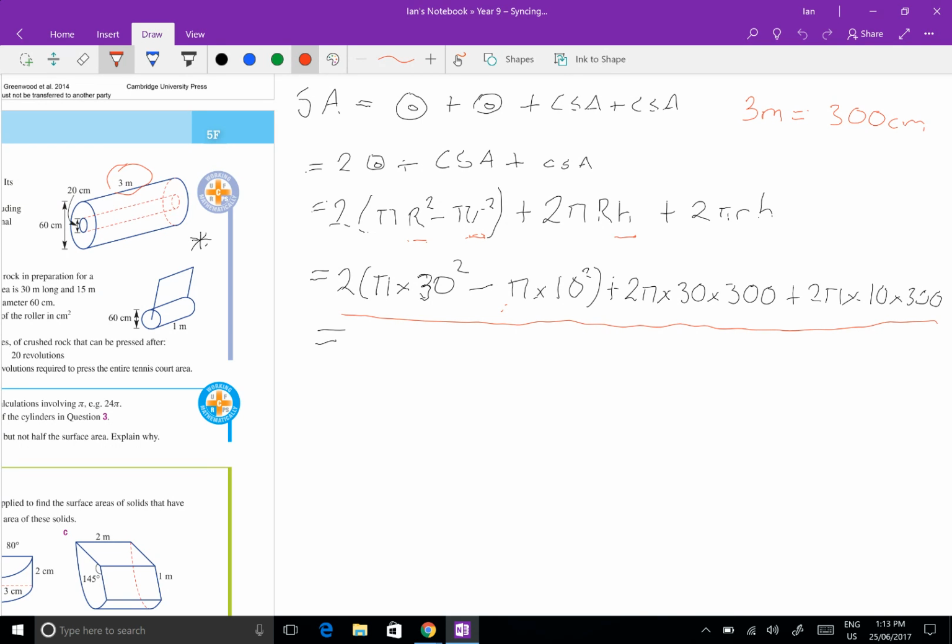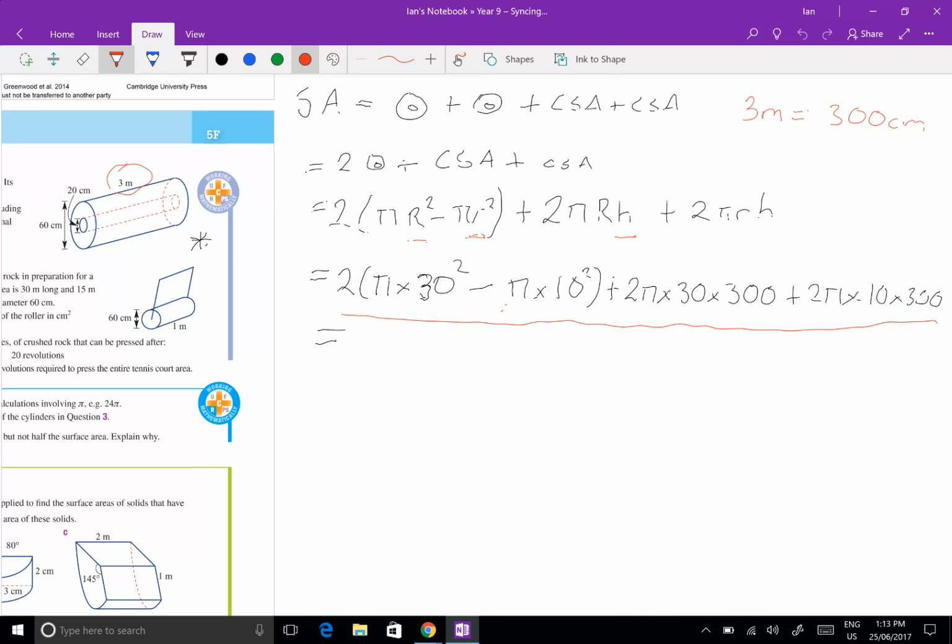So here we go. 2 bracket pi times 30 squared minus pi times 10 squared, close the bracket, plus 2 times pi times 30 times 300 plus 2 times pi times 10 times 300.